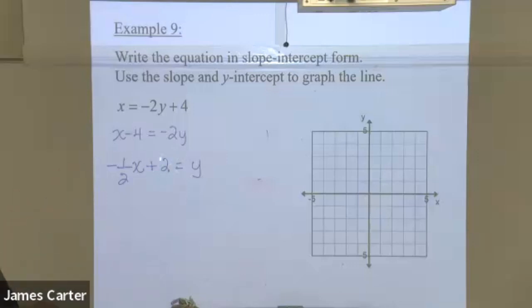And our y-intercept is the point 0, 2. Okay, so my anchor point is the point 0, 2. I go down 1, right 2, down 1, right 2, down 1, right 2, or up 1, left 2, up 1, left 2, and so on, and then draw the line.